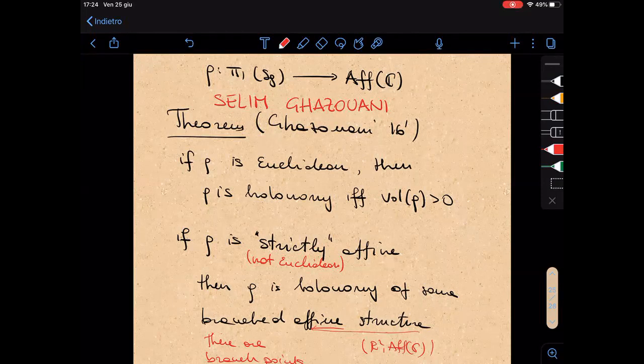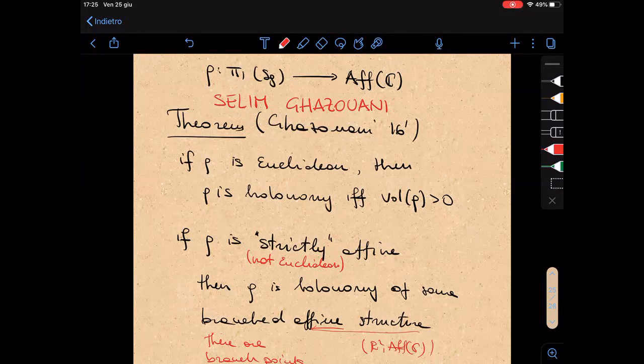Then there have been some other recent developments in the sense that he found branched structures. So there are branch points, but in general, using his methods, you cannot control these branch points, in the sense of how many branch points there are. Instead, recently, another researcher showed that you can prescribe the order of branch points, and then up to some few exceptions, this prescription is not encoded by the representation.